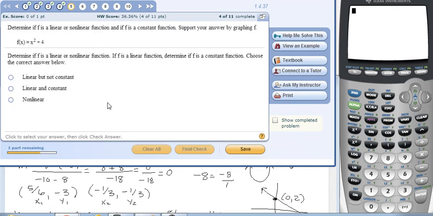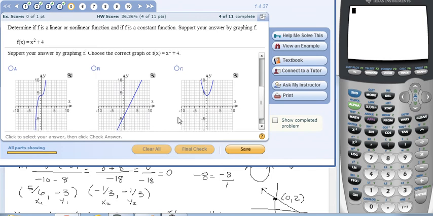All right. Linear or not linear? Well, like I said, if it has any power other than 1 on the x, it's not linear. This is a quadratic. This forms a parabola. Okay, that's like that U shape, like this. Okay, so it's not linear. It's not linear, not constant, not linear and constant, but it's just nonlinear. As a matter of fact, it's nonlinear and it's quadratic.